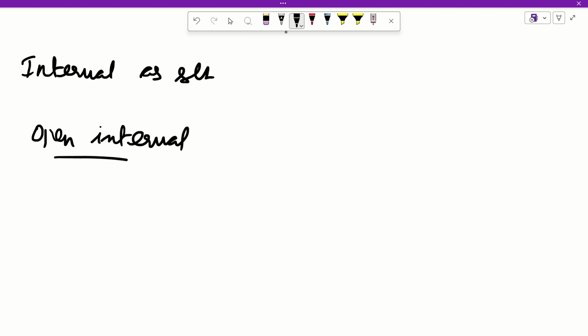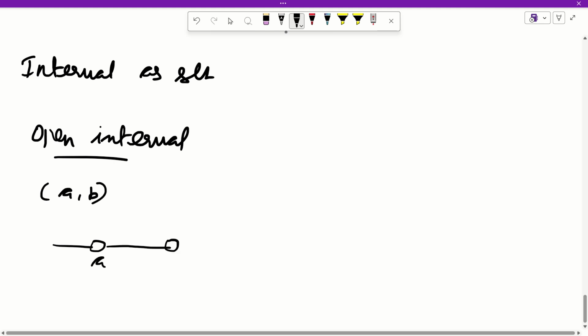We represent open interval as open interval A, comma B using these brackets. For the figure, we'll write it like this: A, B.